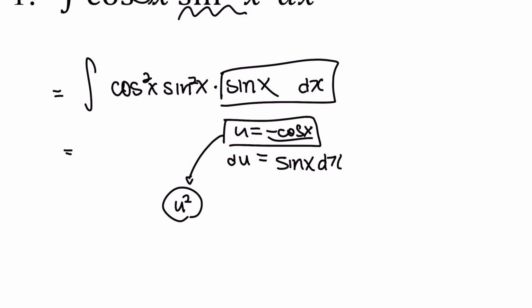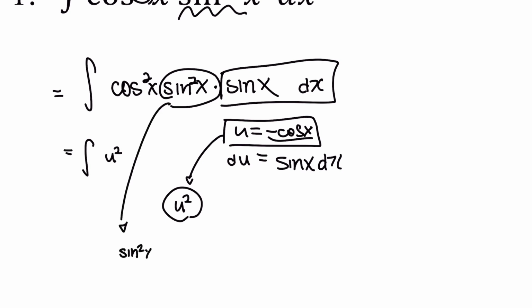But then we also have sine to the power of 2 of x, right? What we know from trigonometric identities is that sine squared x plus cosine squared x equals 1. So sine squared x equals 1 minus cosine squared x. So we can put sine in terms of cosine.